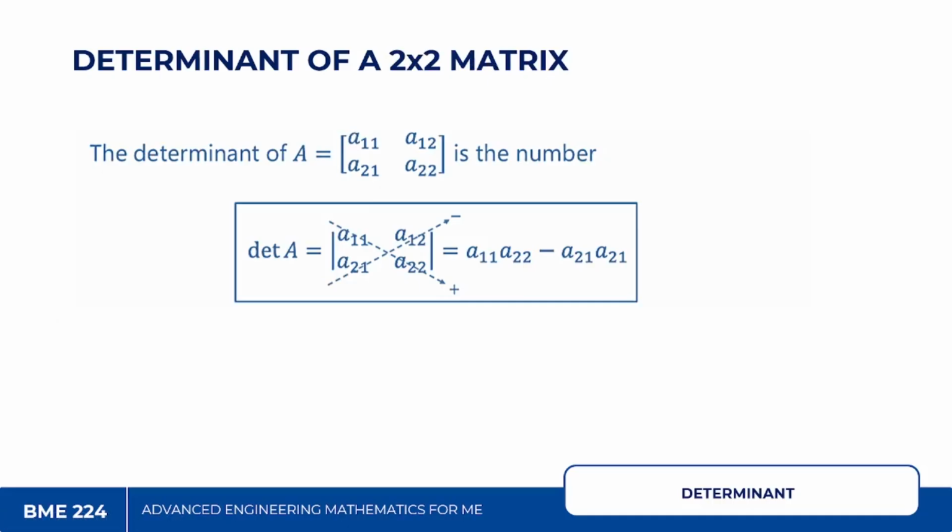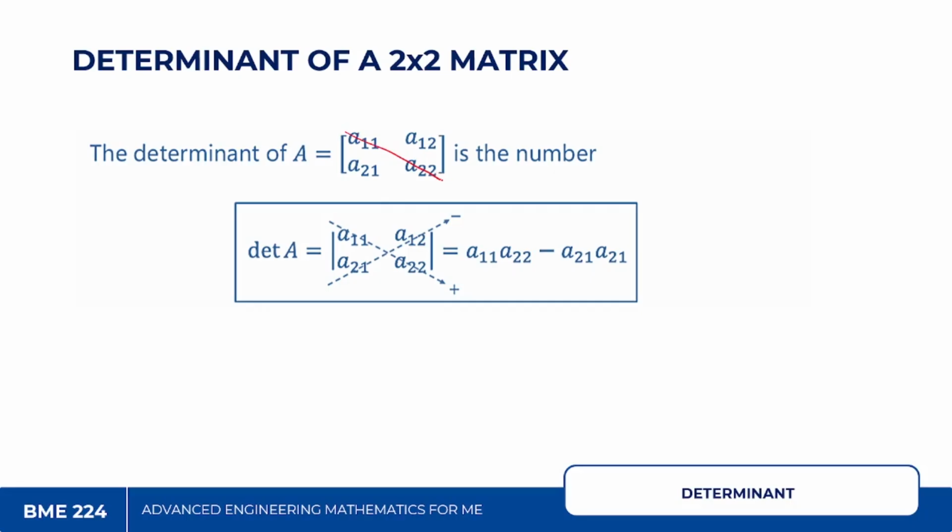For a 2 by 2 matrix, for example, we have A11 as our first entry, A12, A21, and A22. Those are the entries of our matrix A. If we will be evaluating the determinant of a 2 by 2 matrix, you just simply need to multiply the diagonals.